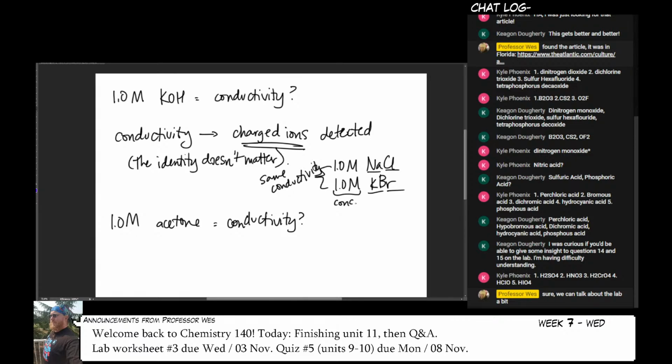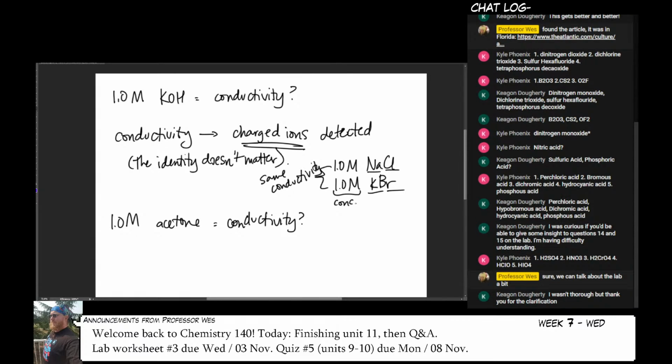So that's my answer for number 14 and 15. I can't really say much more because I can't just give away the answer there. But if you're stuck on that, remember that you tested ionic compounds and covalent compounds, and you got results for both. And that the identity doesn't matter, it's just if there's ions or not, right? All right, no problem. That was the only question I got.